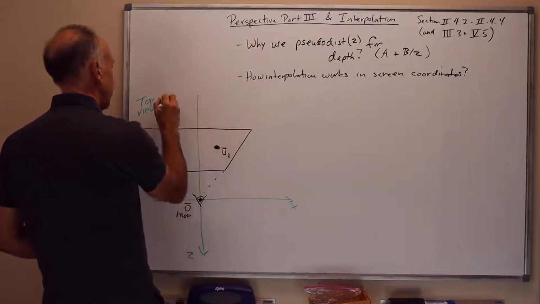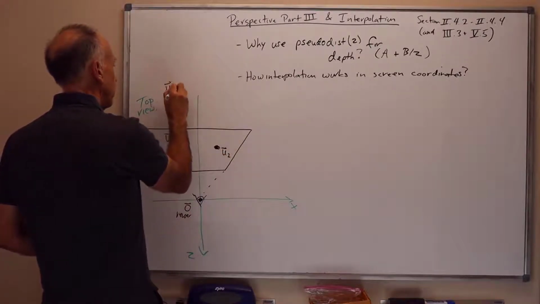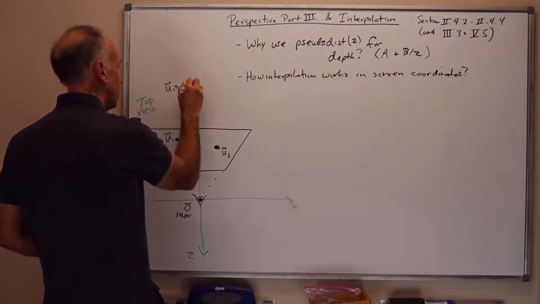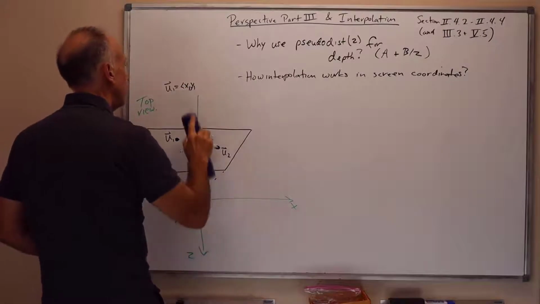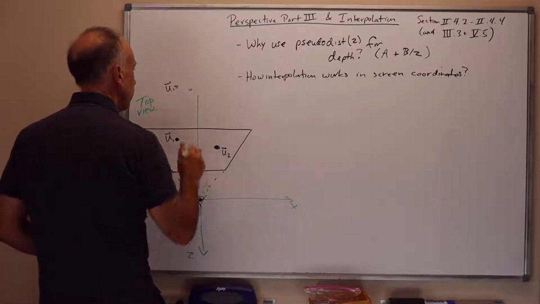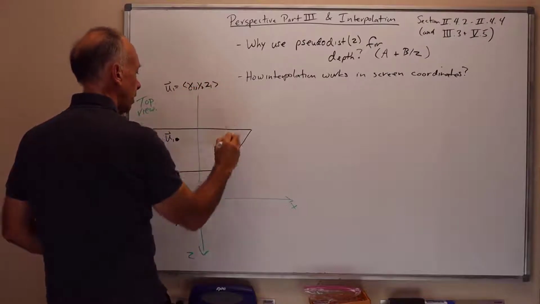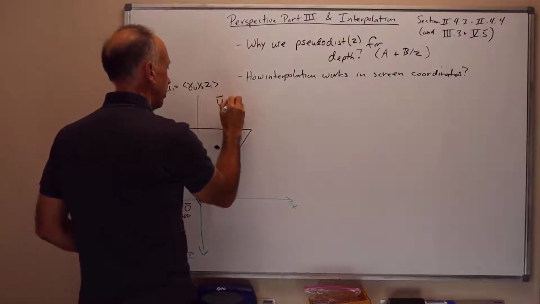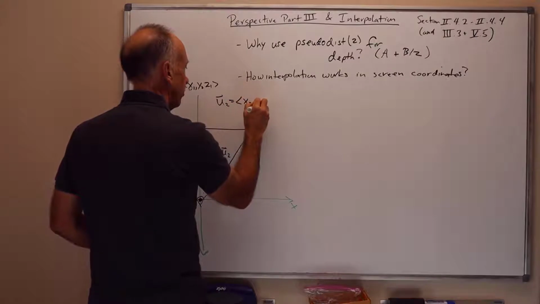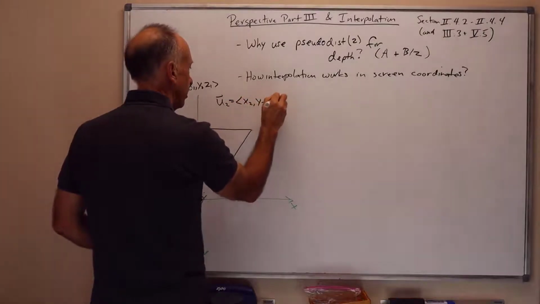U1 is going to have coordinates x1, y1, z1. And U2 is going to have coordinates x2, y2, z2.